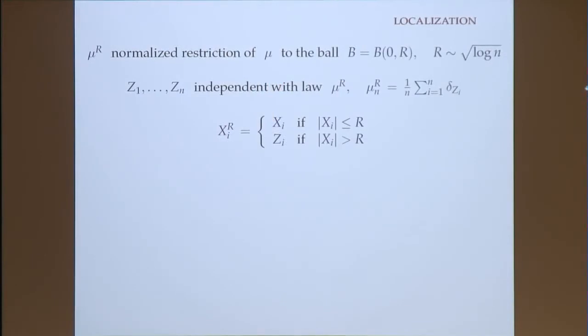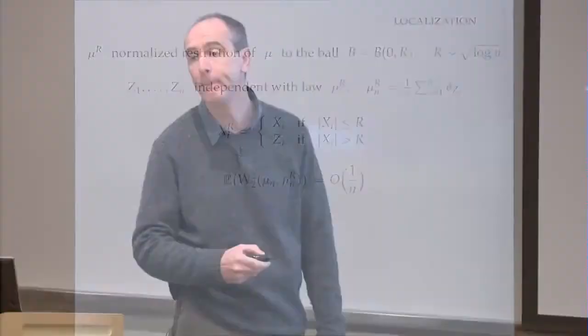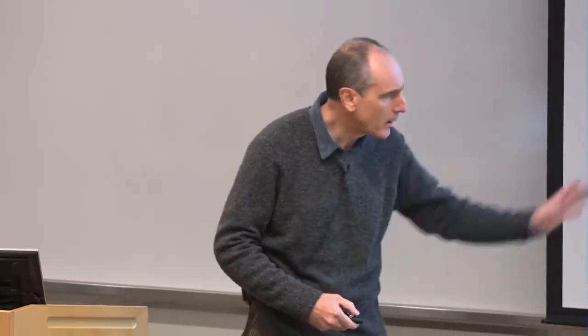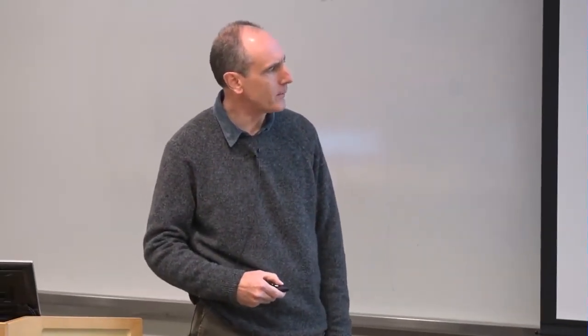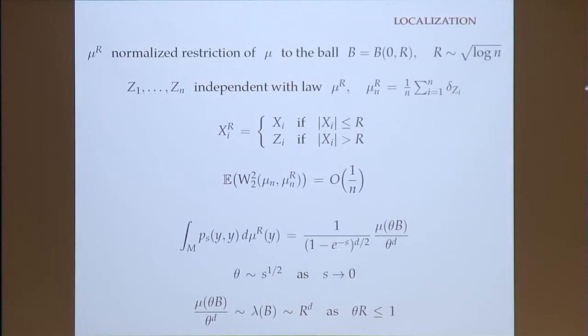And you do a very simple coupling to replace the empirical measure on your sample of Gaussian variables by the empirical measure on a sample of the Gaussian restricted to the ball. The advantage here, skipping several details, is that the trace is exactly of the order that is expected, times something that depends on the size of the ball, which is of the order of square root of log n.